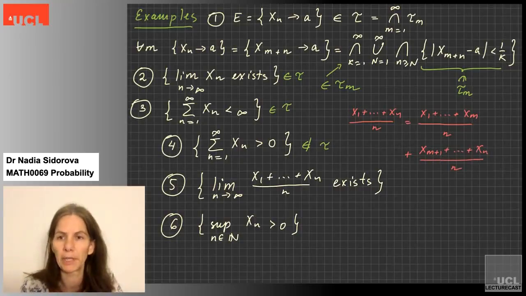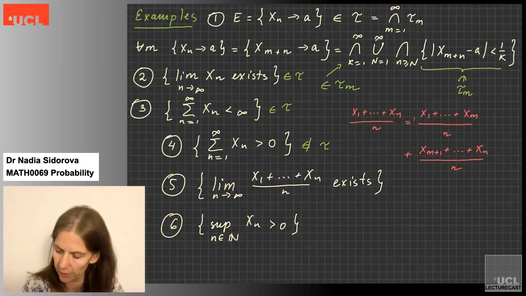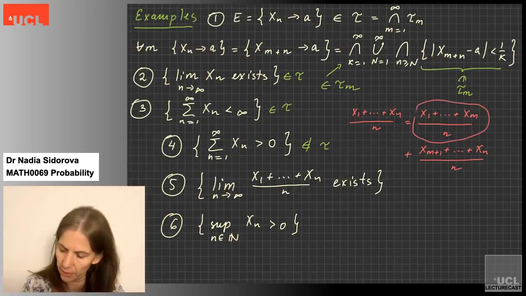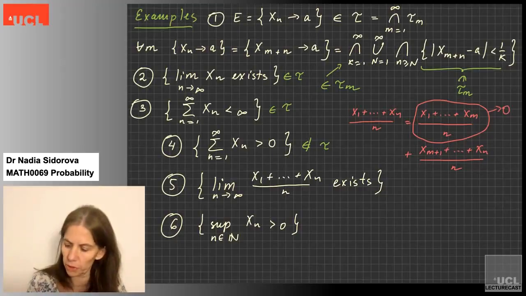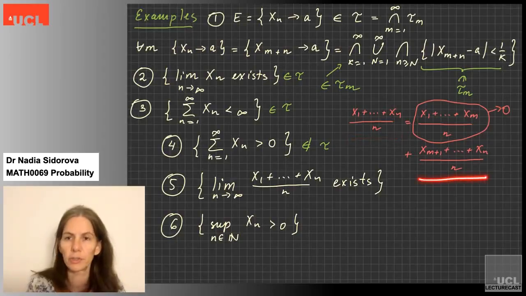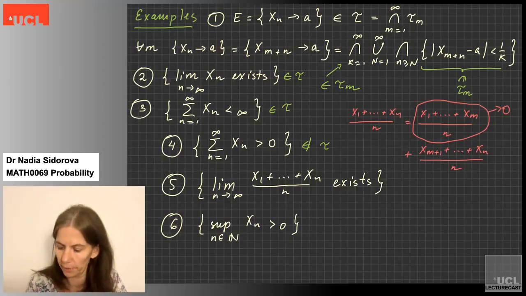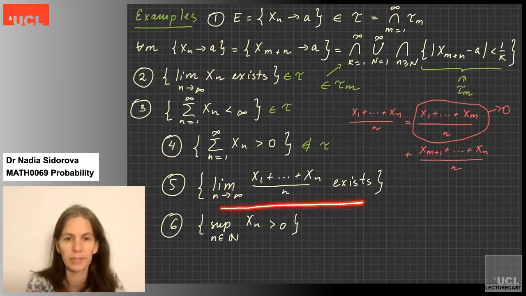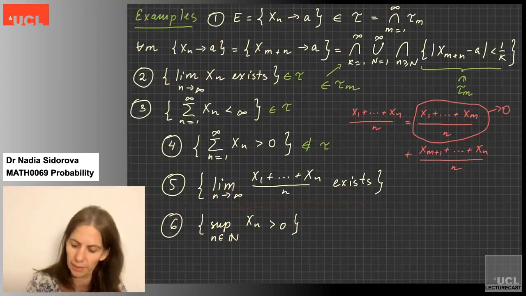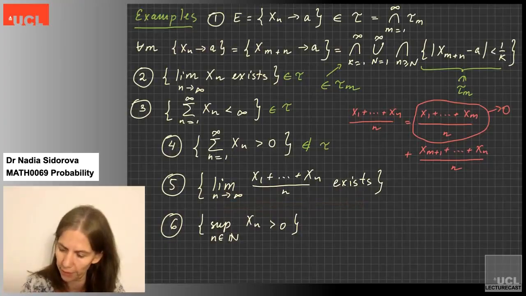And since m is finite and n is going to infinity, we see that this term goes to 0. So this means convergence of this term is equivalent to convergence of this term, and this term doesn't have x1 up to xm in its description, which means the first m terms are not influencing occurrence of this event. And this means it is a tail event, because this was true for every m.